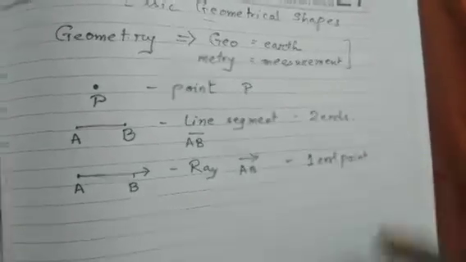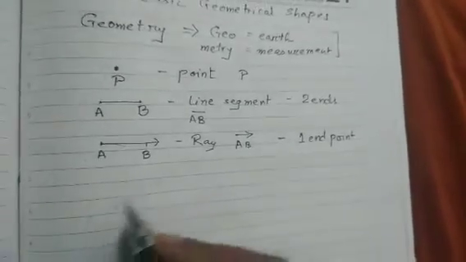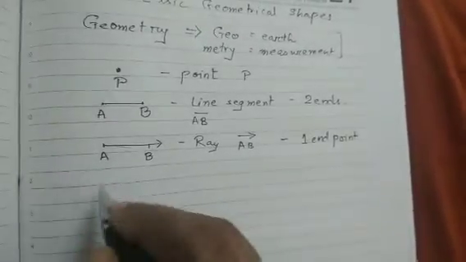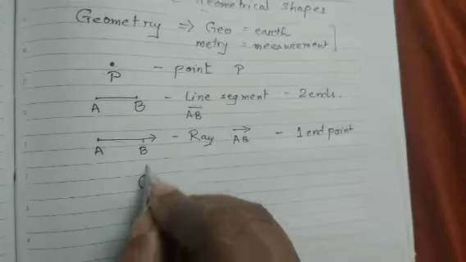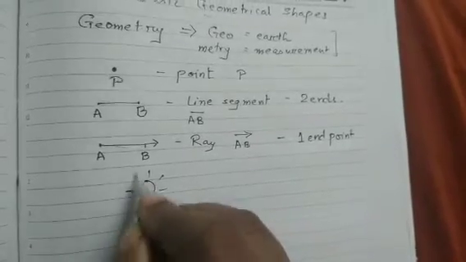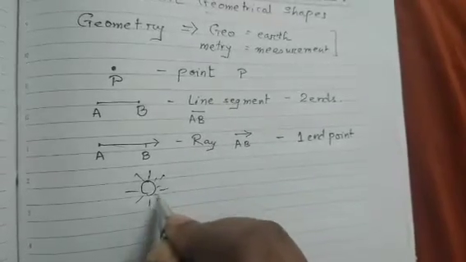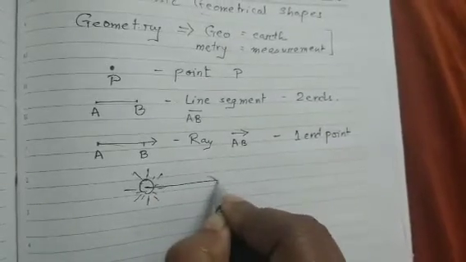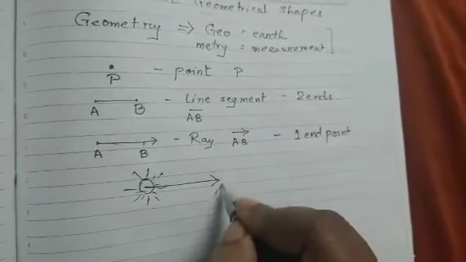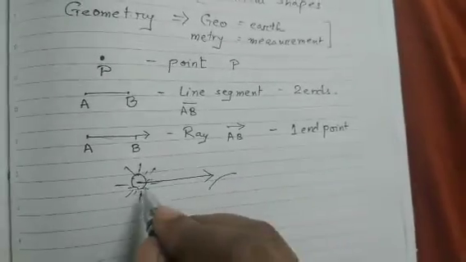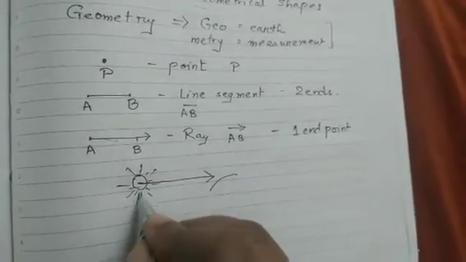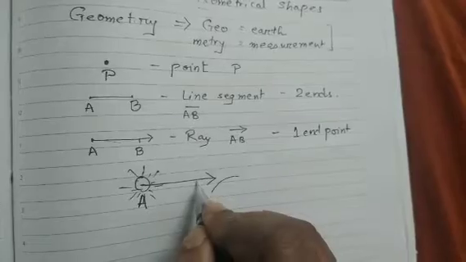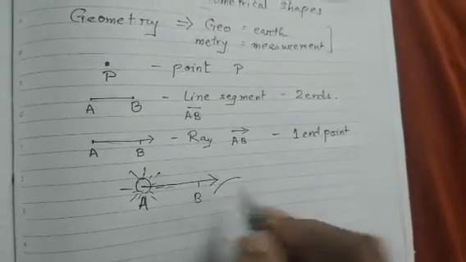When you write a ray, remember one thing. We have heard about sun rays, right? The sun is a point from where the rays reach the earth. So the sun may be at A and the rays go towards B on the earth.